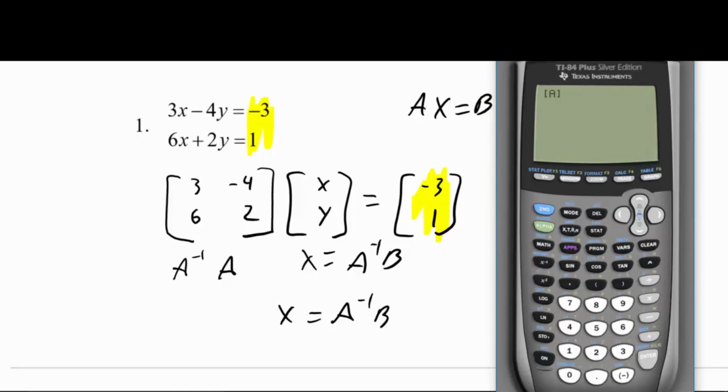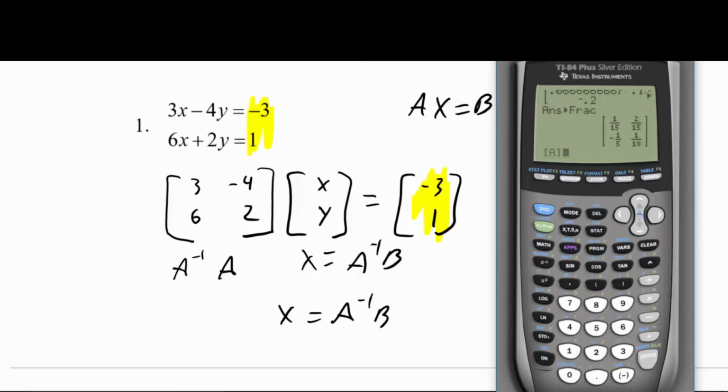Now I have A on my main screen, but I don't want A, I want A inverse. So if I press this button and hit enter, the calculator will spit out my inverse matrix. Right now we don't need it by itself, but if you needed A inverse by itself, there you go. That's how we're going to get inverses in this class. You type in the matrix you need the inverse of, hit the inverse button, and you're done.